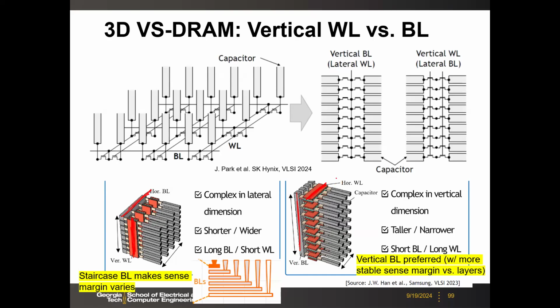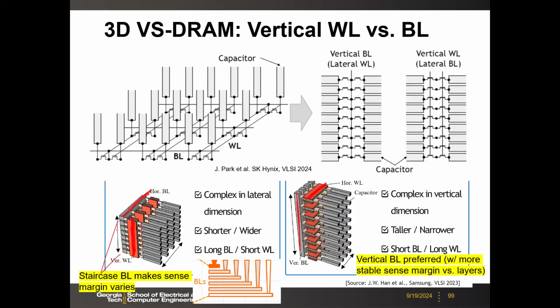And one challenge for this vertical word line is that the bit line now needs to have this staircase contact region. I really wish I could talk about 3D NAND first, because all those concepts are borrowed from the 3D NAND. So here, you need to make a contact to the word line.